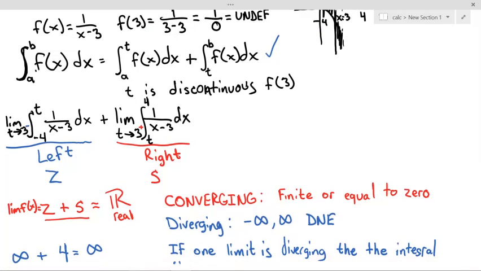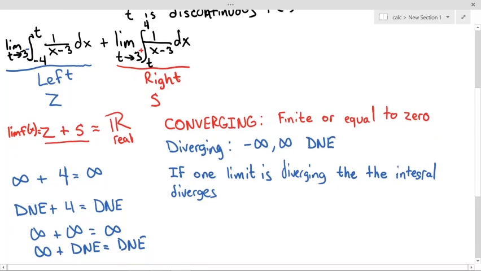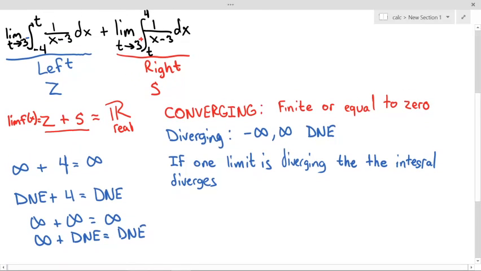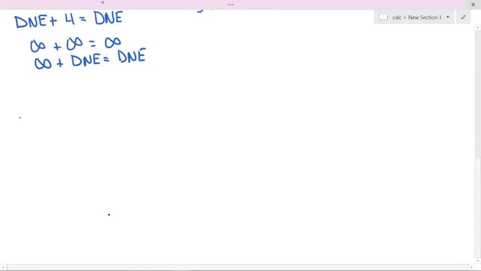We were able to convert it into a proper integral, and we determined the definition of whether or not that integral is converging or diverging. Today I wanted to work through the example and show you how it's properly done. So without further ado, let's get started.